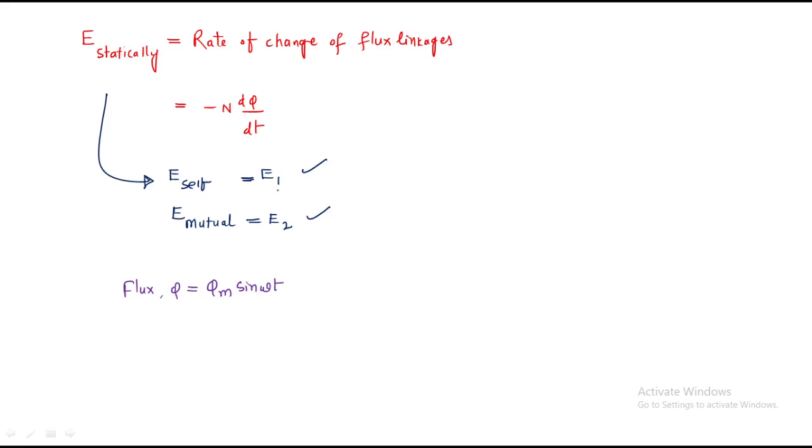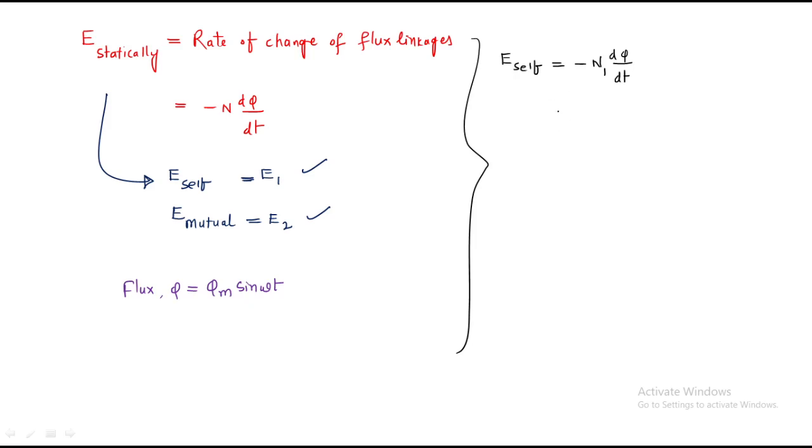Then what is the E self formula? Then E self, what is E self? Which is equal to, let us say, N1, right? Because the excitation is present in the N1 number of turns, that's why N1 into the same amount of flux is induced or developed.